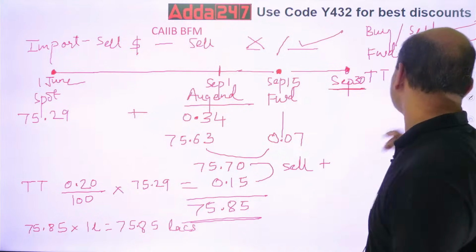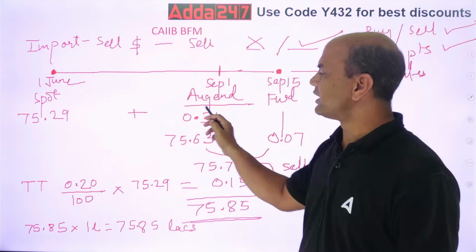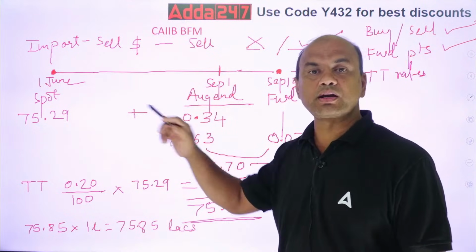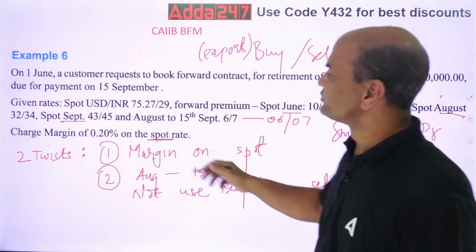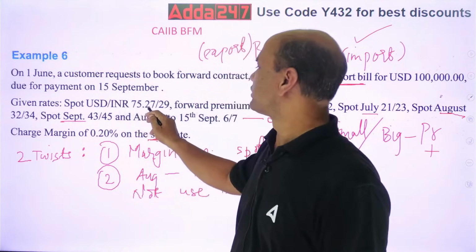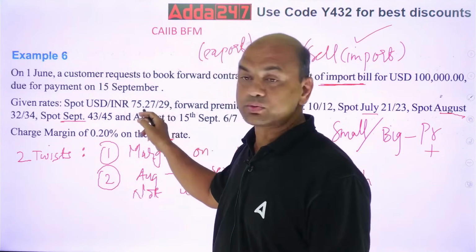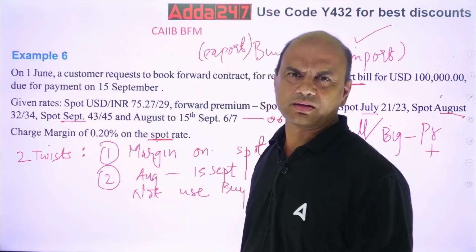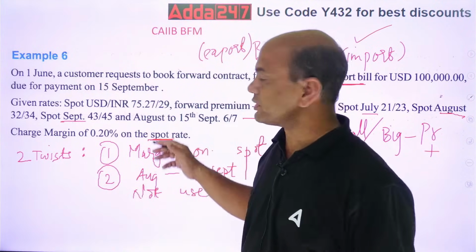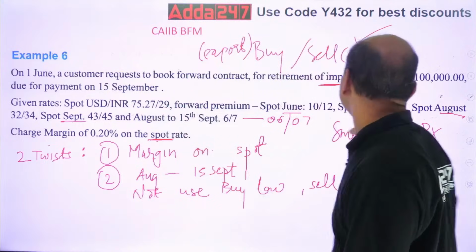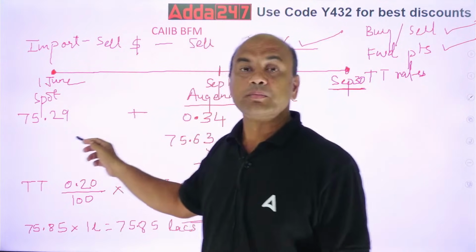So now look at it. August end rate I am having. What is the spot rate now? 75.29. How do you know the spot rate? See, it's given. USD spot is 75.2729. So take this 29. Why not 27? Because 27 is for sale, for export, buy. I want sell now, import. So 75.29 plus 0.34.